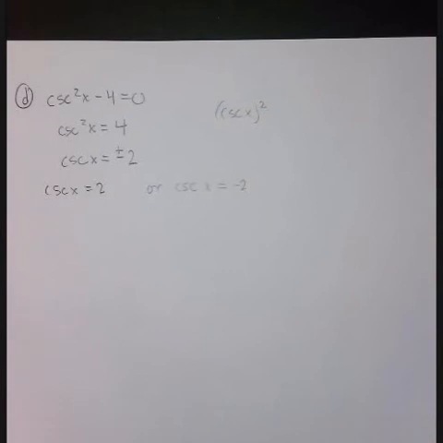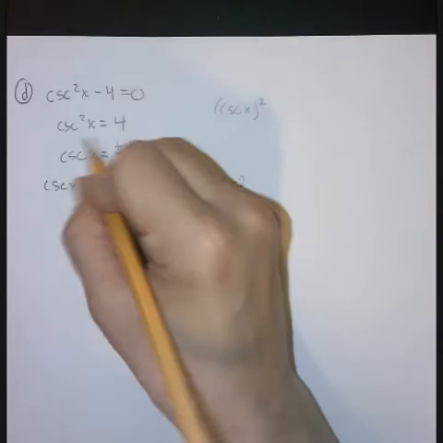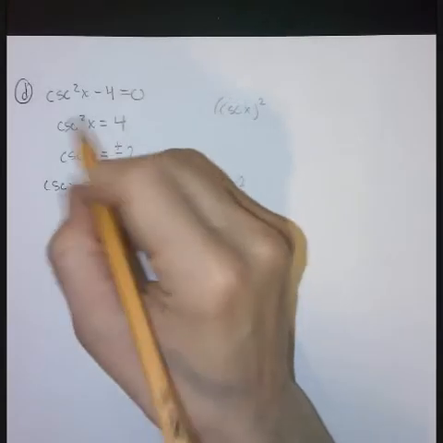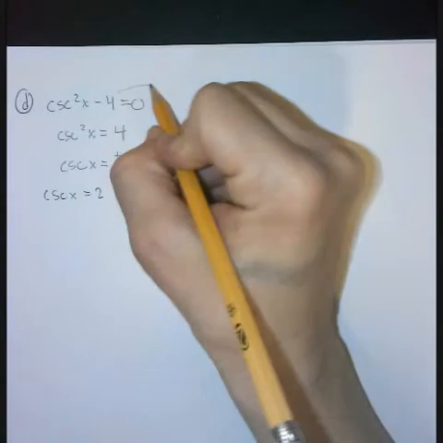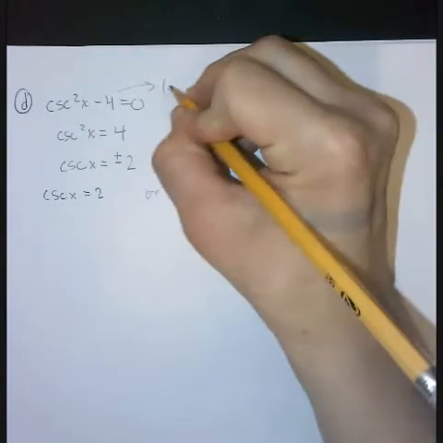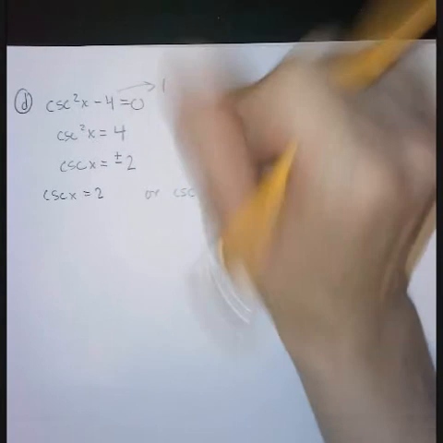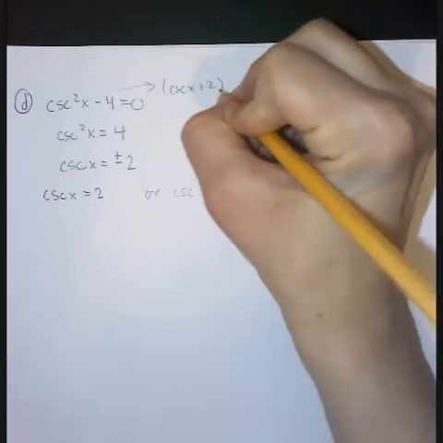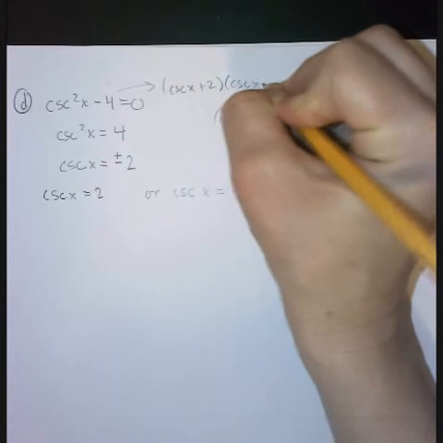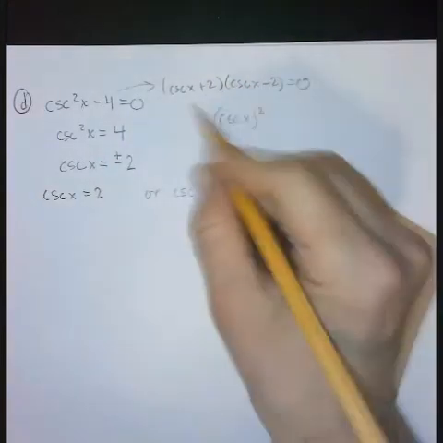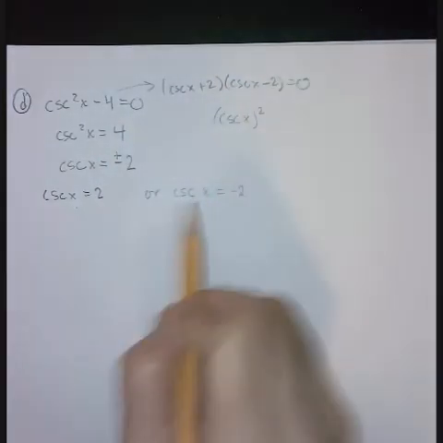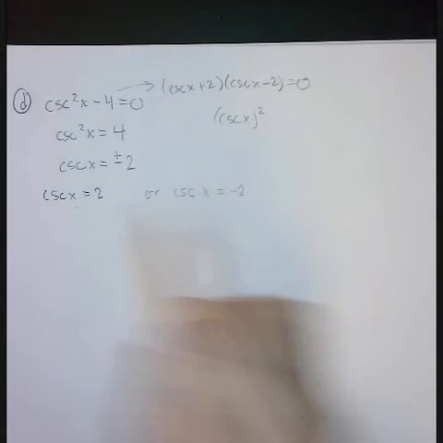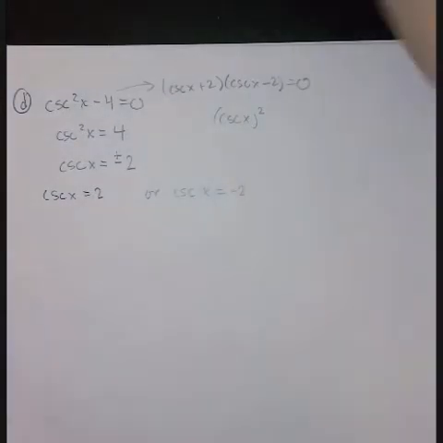Now I did take the square root of both sides here, but you could have also factored that. That's cosecant x plus 2 times cosecant x minus 2 equals 0. Set each factor to 0, and then you end up with these two equations as well. So both of those methods work fine.